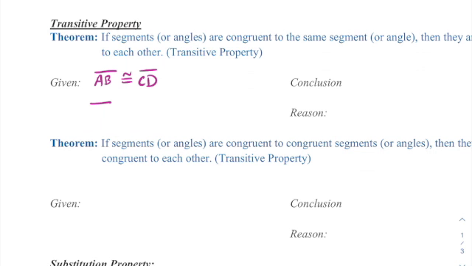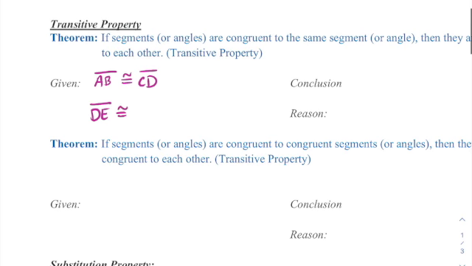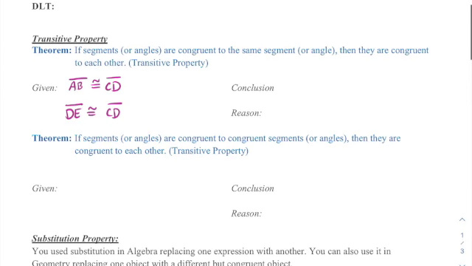AB is congruent to CD. Let's also say they tell me that DE is congruent to CD. Both segments AB and DE are congruent to CD. By the transitive property, this allows us to conclude that therefore segment AB also has to be congruent to DE, and we can support this with the transitive property.